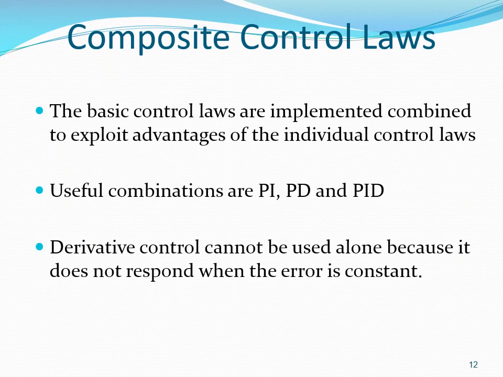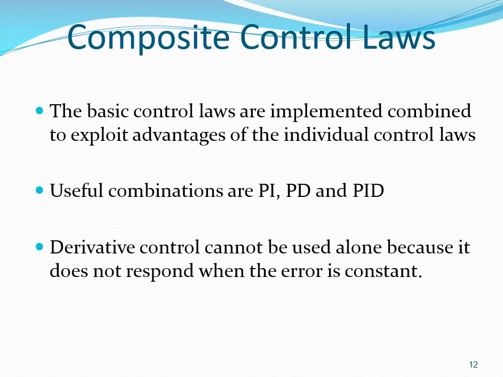To exploit the advantages of the individual control laws, the basic control laws are implemented combined. The useful combinations that we can make are proportional plus integral, proportional plus derivative, and proportional plus integral plus derivative.